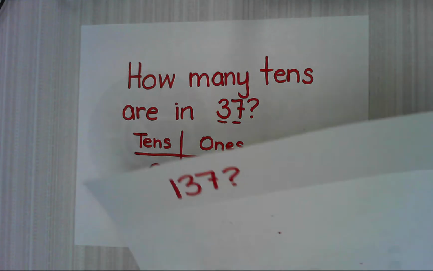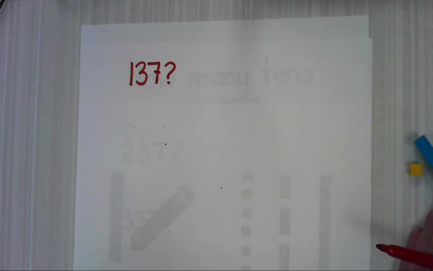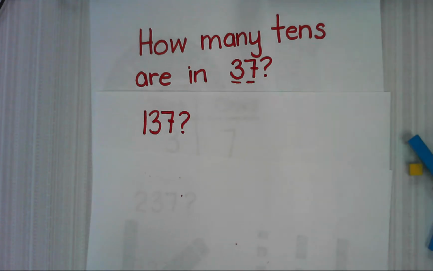The next number I want to solve for is 137. How many tens and ones does 137 have? Let me slide this down so you can see the question. How many tens are in 137?